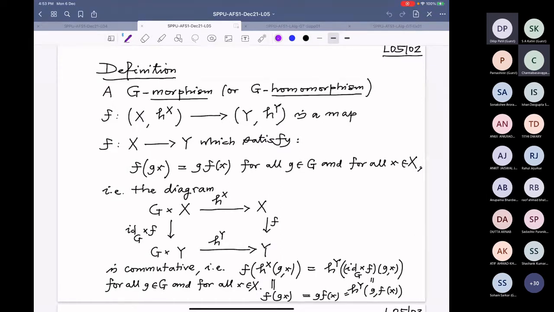And this requires slight maturity with the notation that you are using and sensitivity to what you are writing.